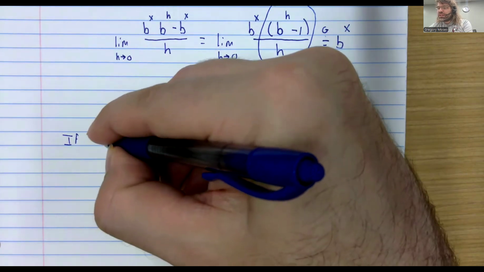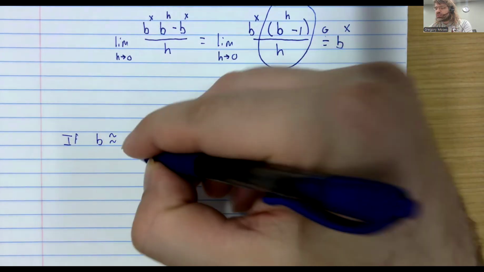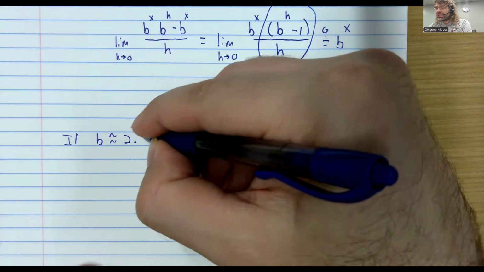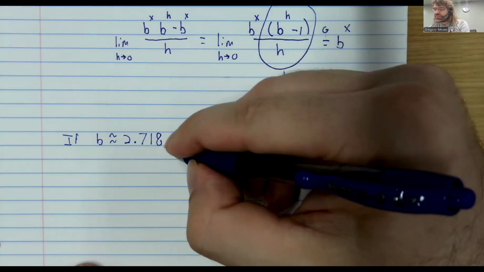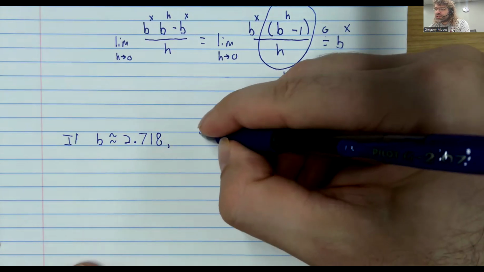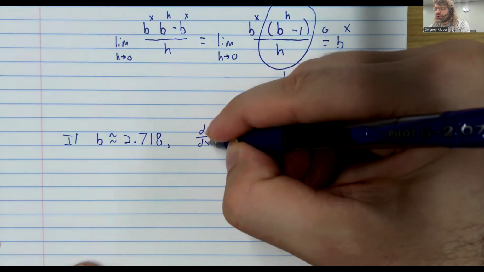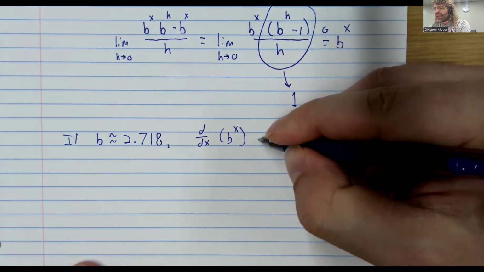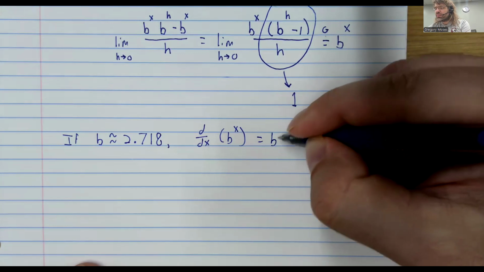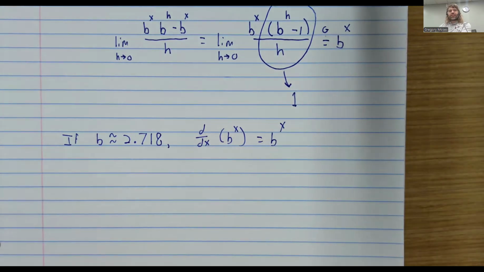If b is about 2.718, then we have the result we want. The derivative of b to the x equals b to the x.